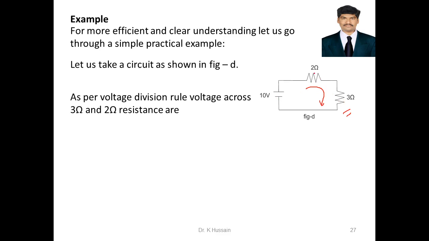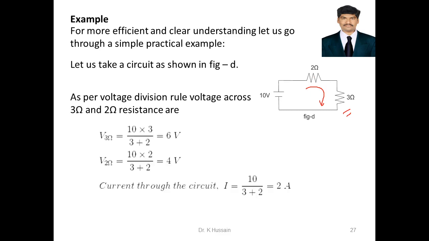So 2 into 2 is 4 volts across this resistor, and 3 into 2 is 6 volts across the other. 6 plus 4 is 10, right? So you can go for direct calculation in a very simple circuit, or you can go for the voltage division principle also. Whichever is easy for you, you can go for that.